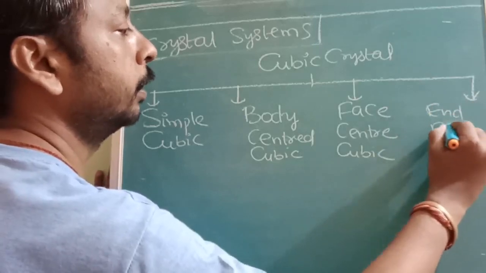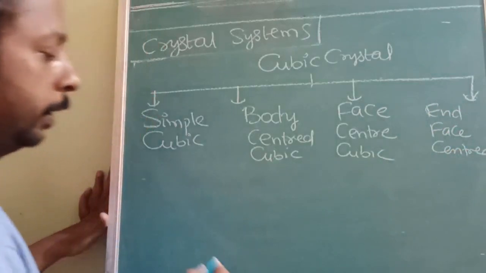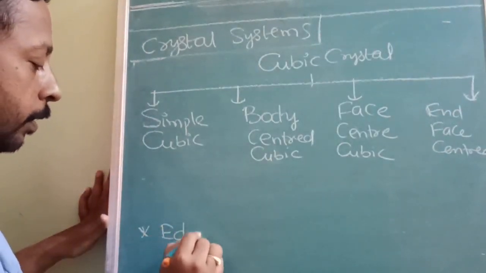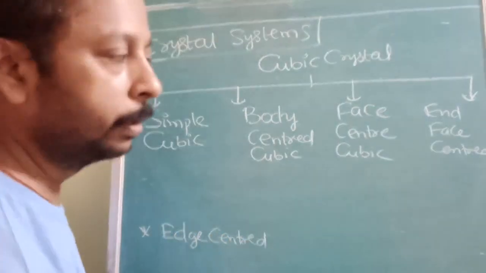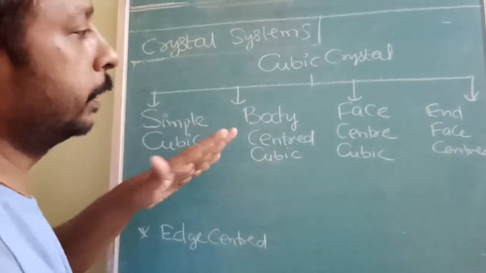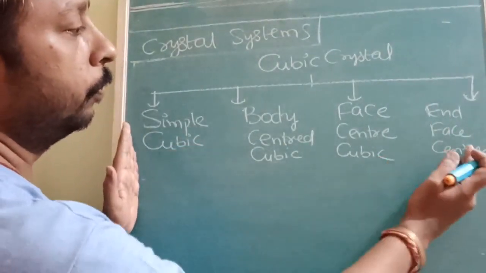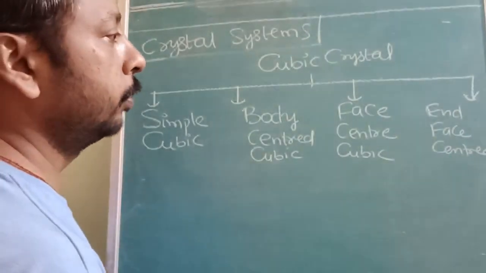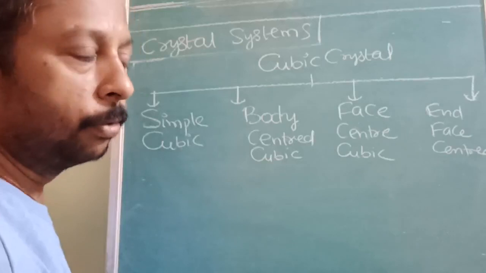Other than this there is one more, edge centered. As per NCERT, only 3 types are mentioned; the 4th and 5th types are not mentioned anywhere. But one example is given in NCERT, so it is better to study it. I will cover edge centered also, don't worry.